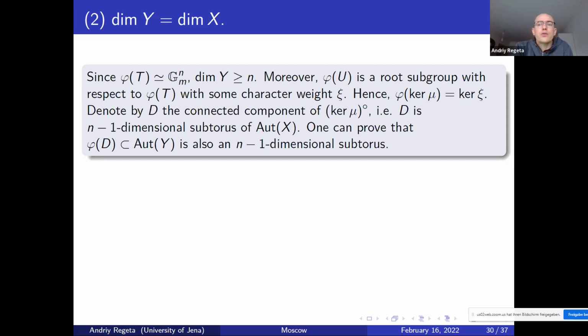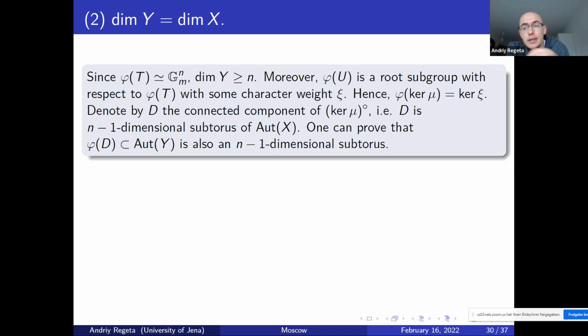Phi of u is a root subgroup with respect to phi of t with some character weight xi. Hence, the image of ker mu, and note that ker mu is just a finite extension of n-1 dimensional torus, coincides with ker xi.